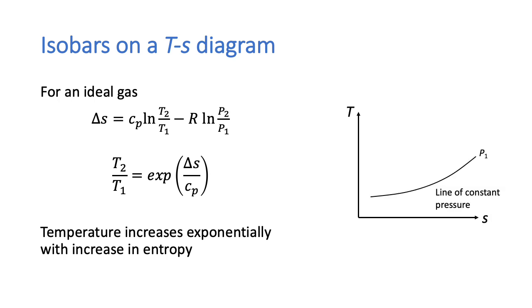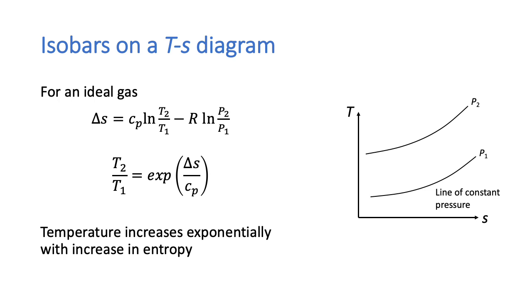On a TS diagram, a line of constant pressure will look like this. Now this is the line at some given pressure, P1. At a different, higher pressure, P2, the line would look like this. And we can confirm this because if we go back to our equation of delta S equals Cp ln of T2 upon T1 minus R ln of P2 upon P1, if we hold the entropy constant, the left-hand side of that equation is 0.